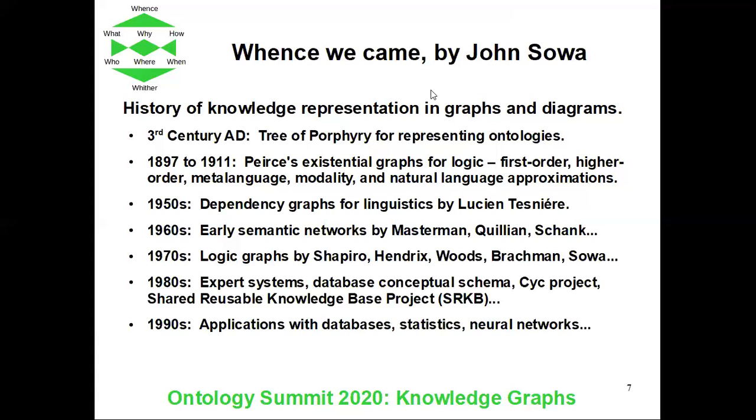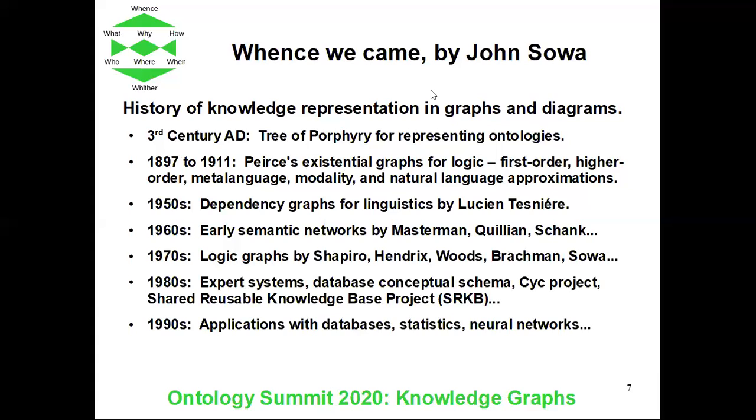In the 1950s, Lucien Tesnière, a linguist in France, developed dependency graphs, which have a very direct mapping to and from the various graph notations, including knowledge graphs and everything else. They're widely used in computational linguistics because they have such a direct mapping to the graphs.